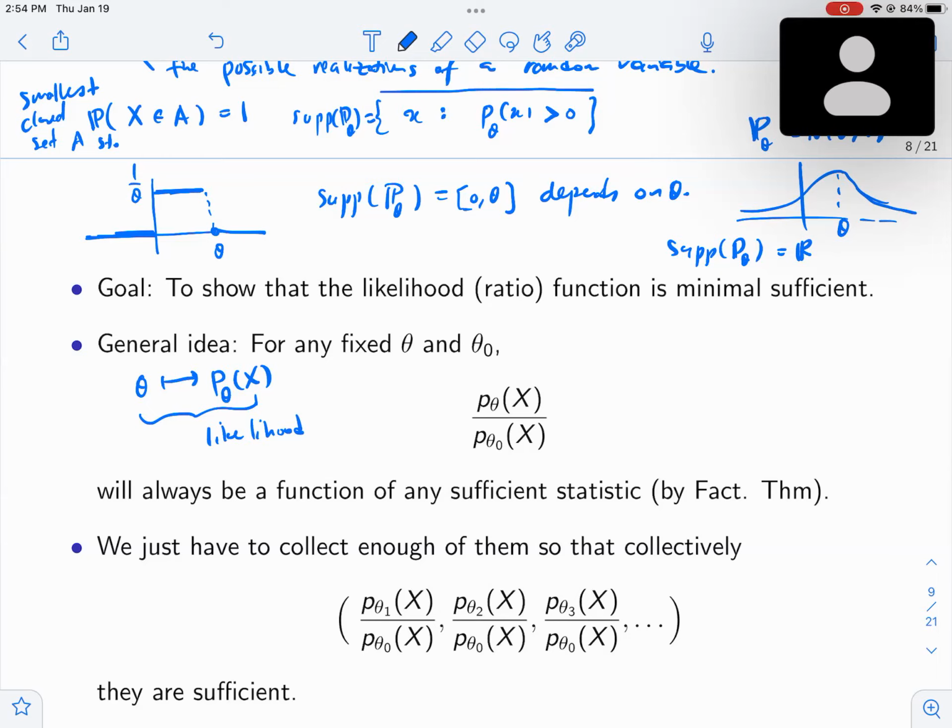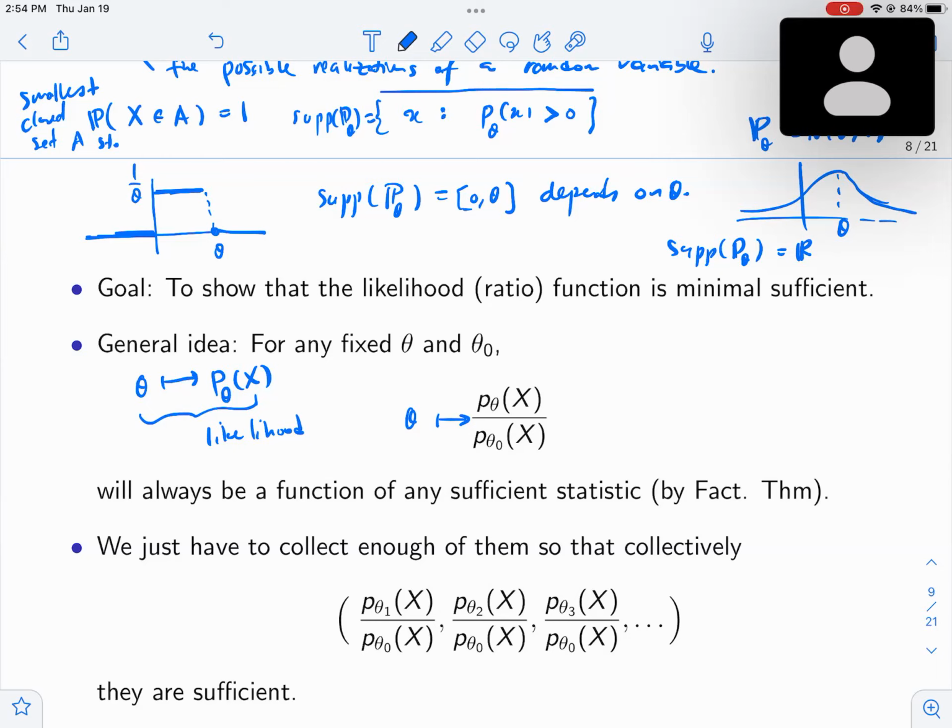Or if you want to get rid of the factor, I can pin down one of the parameters and divide by that. Then this is a random variable as a function of theta. This is going to be the likelihood ratio function or process. This would be minimal sufficient. That's the whole point.